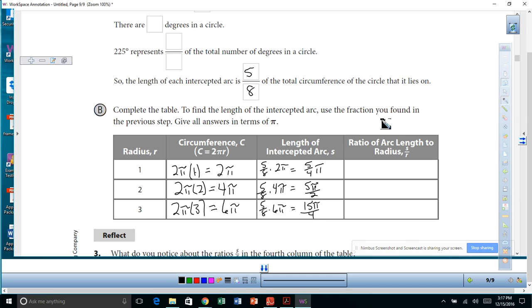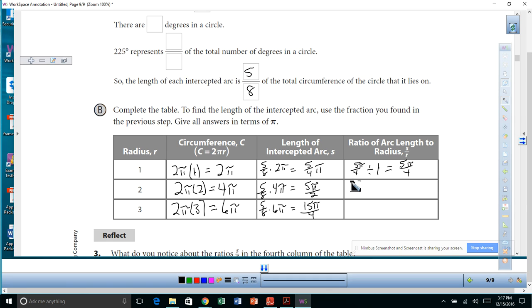Ratio of arc length to radius, S over R. So we're going to have S, that's going to be 5 pi over 4, divided by the radius, that's going to be 1, and that's going to give you 5 pi over 4. Okay, now let's try it for the other one.